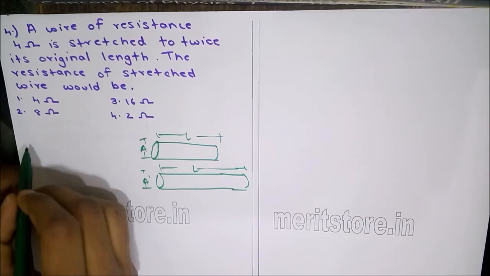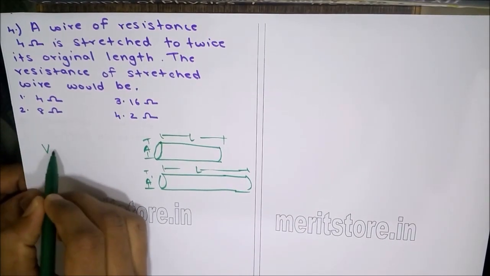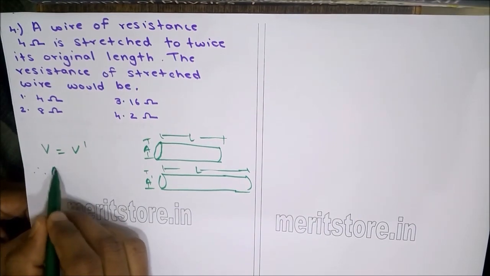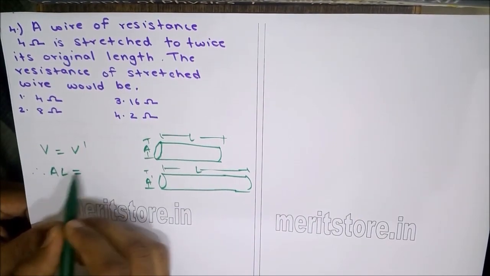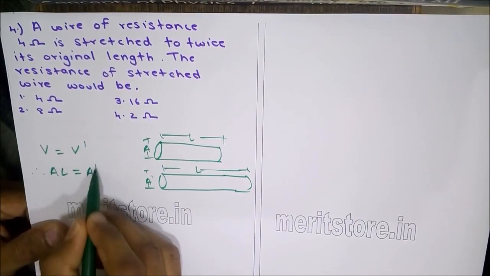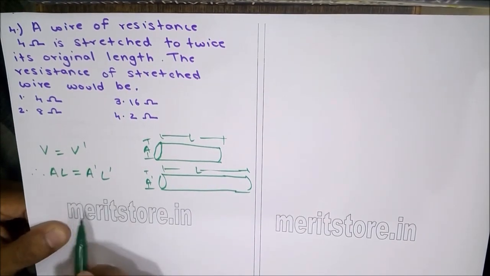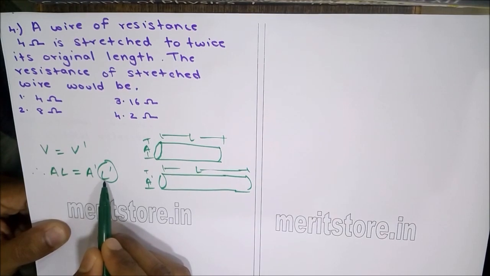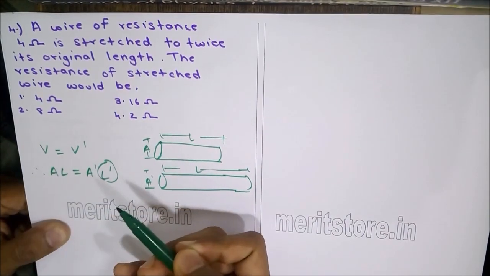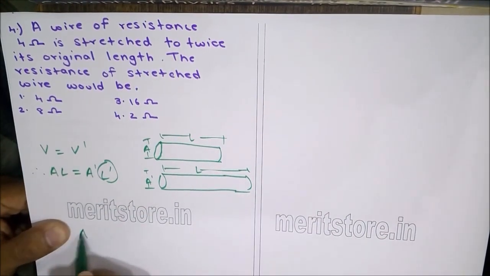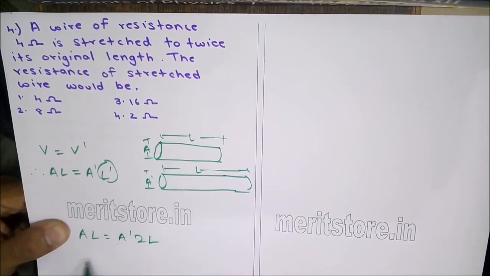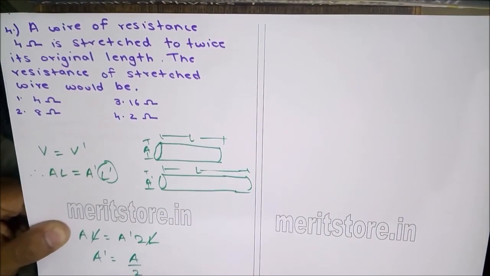Here we need to note that the initial volume is equal to the final volume. Therefore initial volume, area times the length, equals the final volume, area times the new length. The question says that the final length is twice the initial length, A dash into 2 times L. So the final area is A by 2.